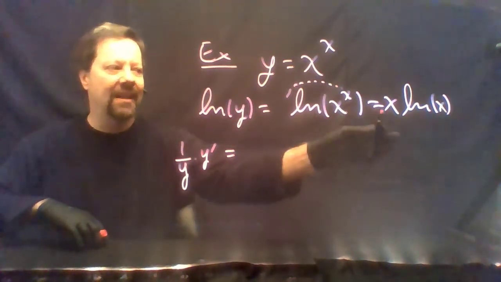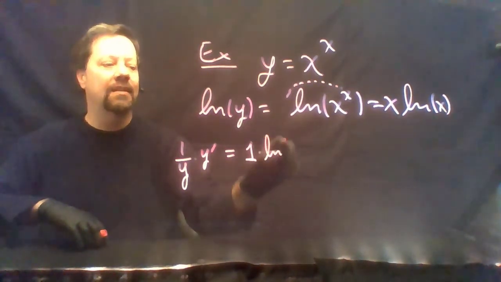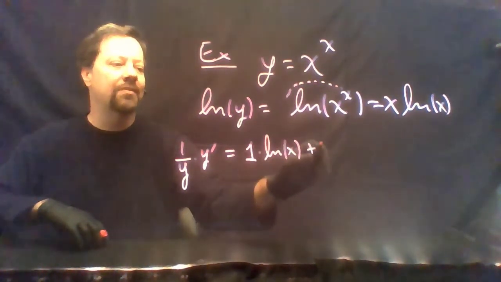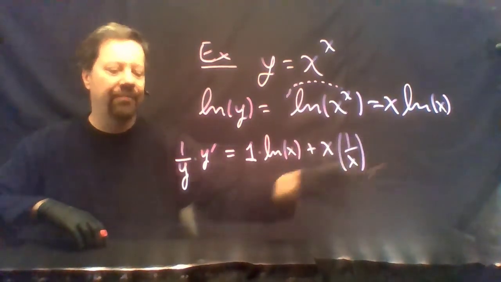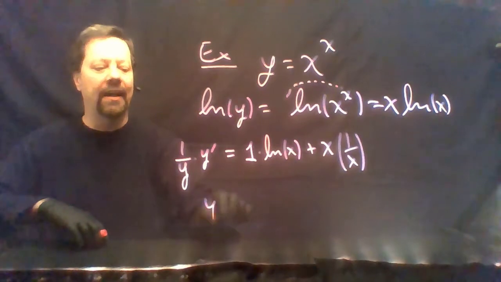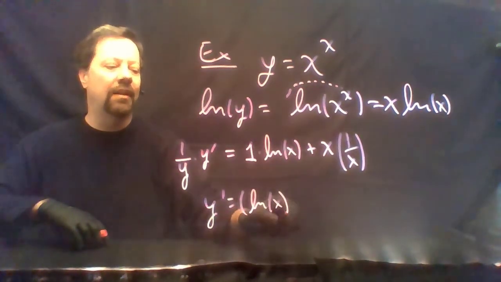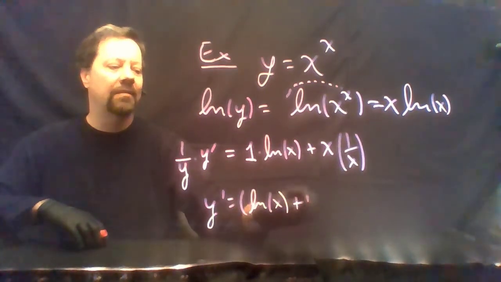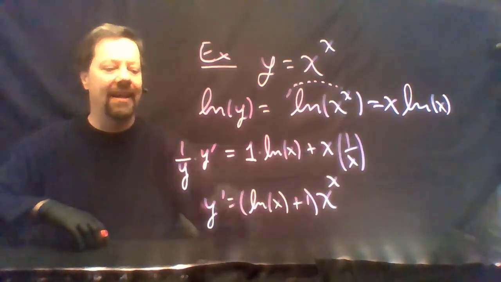On the right-hand side, we use the product rule. Derivative of the first times the second plus the first times the derivative of the second. Multiplying by y prime is going to be natural log of x plus 1 all times y, and that is x to the power of x.